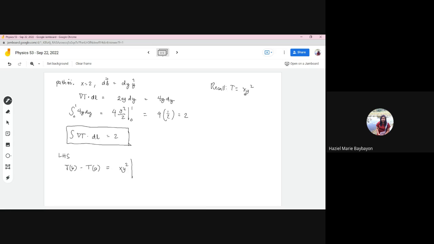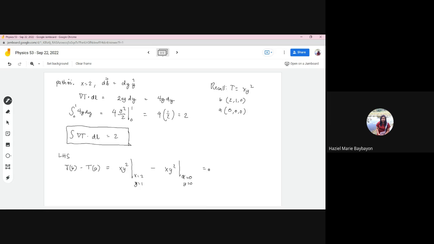We evaluate this for x equals 2 and y equals 1, since b is the point 2, 1, 0. Then we subtract xy squared evaluated at x equals 0 and y equals 0.